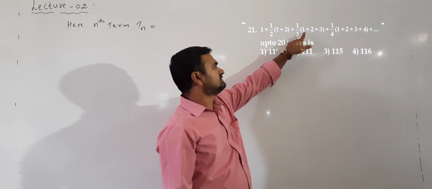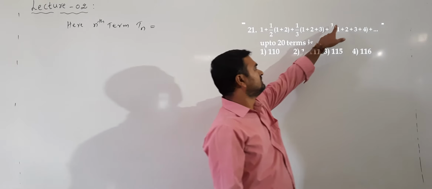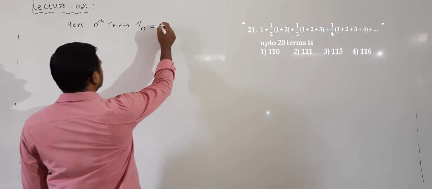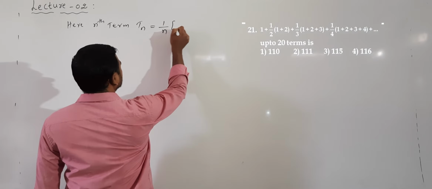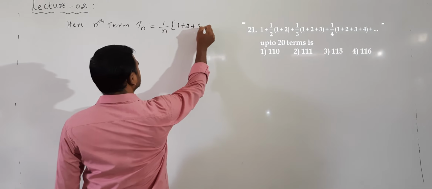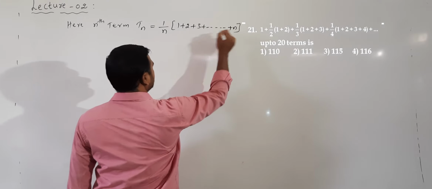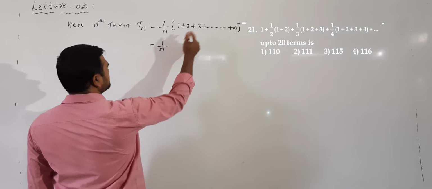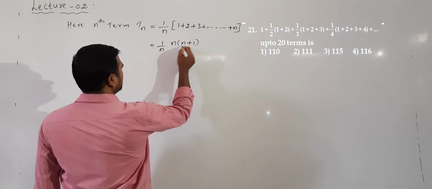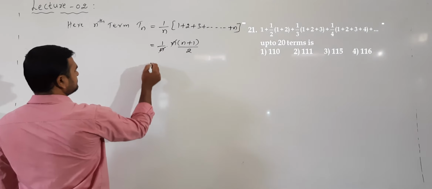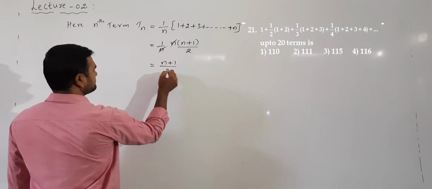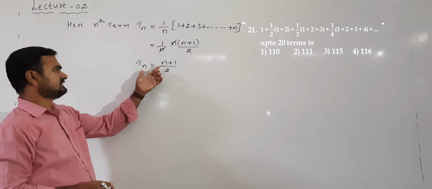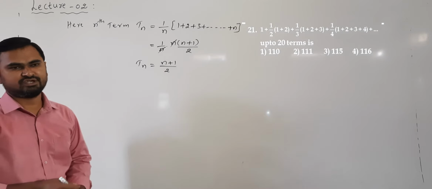Similarly, the nth term can be written as 1 by n into the sum of n natural numbers up to n. We know the sum of n natural numbers is n into n plus 1 by 2, so Tn is n plus 1 by 2. This is Tn. Now using Tn, we can write the sum of n terms.